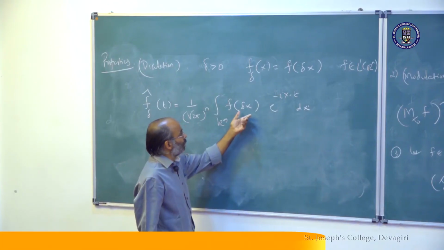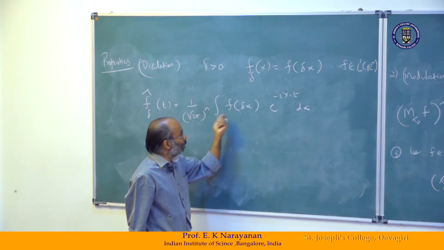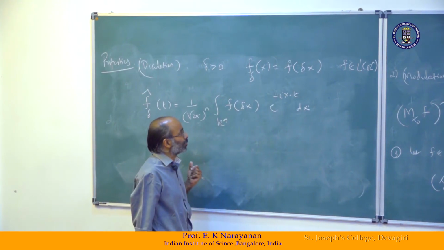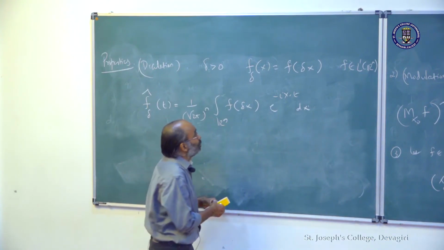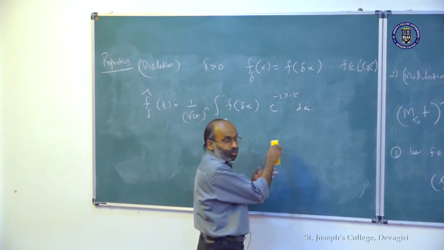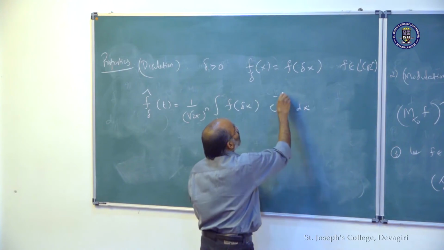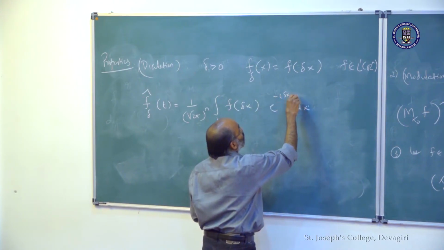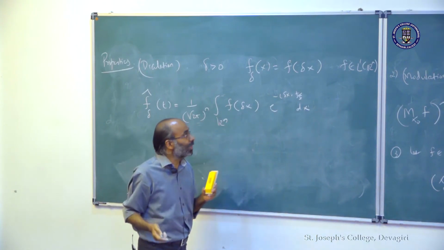What do we do? You change the variable so that you have f here and you can write it in terms of the Fourier transform of f. So delta x you should change. I can write this as delta x dot t by delta, so the delta gets cancelled.